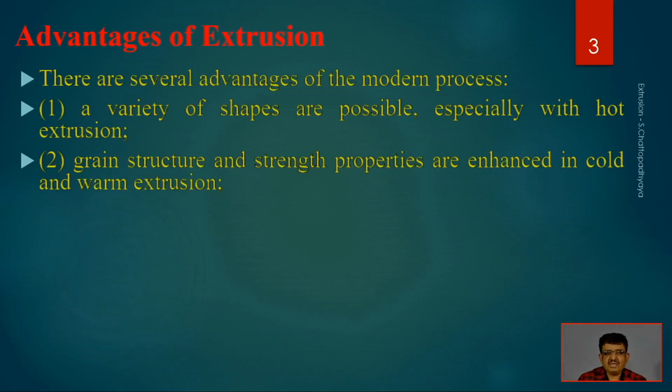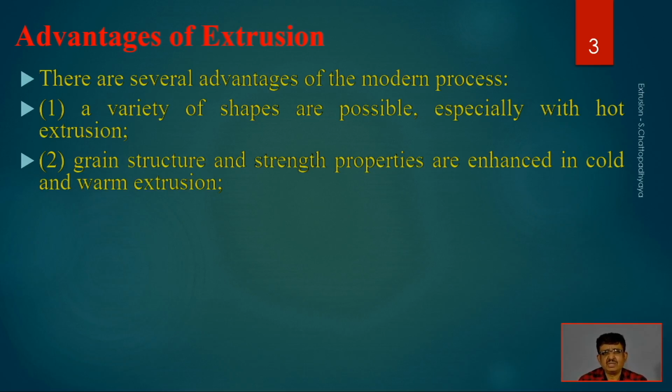What are the advantages? There are several. First, a variety of shapes. We have sheets, hollow shapes, solid shapes, rectangular shapes, structural shapes, all those things are possible. And mostly metallic extrusion is hot extrusion, but in the case of rubber and other places, some advantages of cold extrusion are also there.